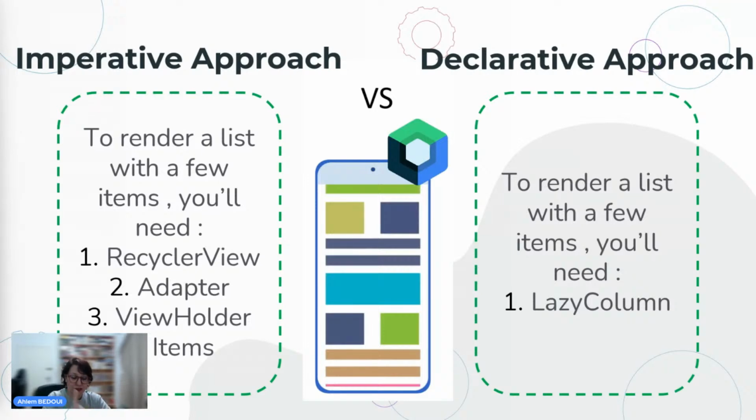But in the declarative approach, all we need is a LazyColumn. So you can see the difference in the number of requirements in our project: four elements in the imperative approach versus one.